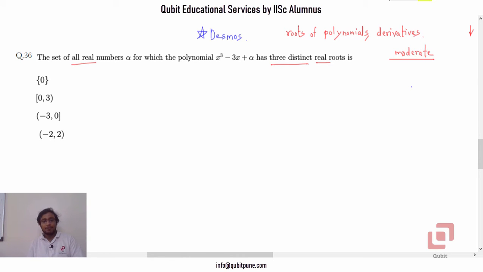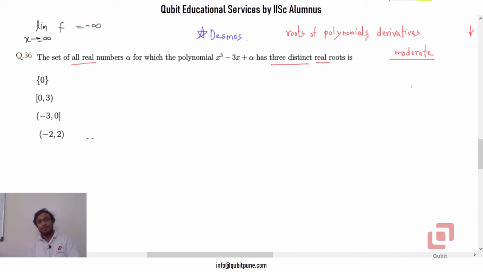Now first thing that you should understand about this cubic polynomial is that because of its coefficient of x cube being positive, we know for sure that the limit of this function, let's call it f, as x tends to infinity is infinity, and the limit of this function as x tends to negative infinity is negative infinity.